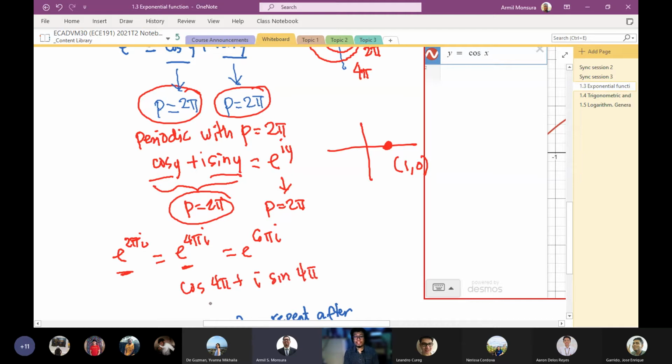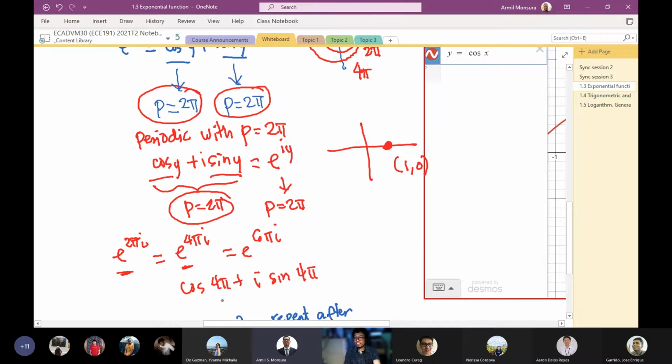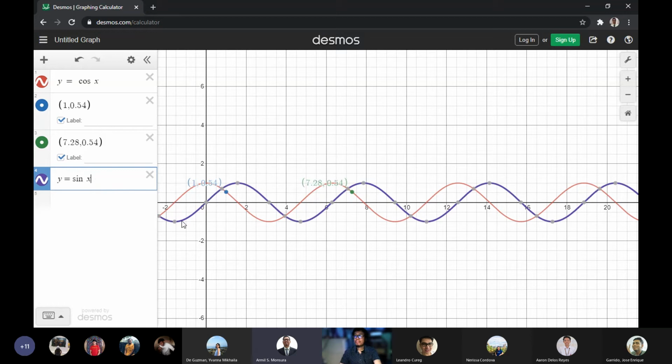Ano yung value ng cosine of 4 pi? Ayun, may graph na pala tayo. The value of cosine 4 pi is 1. So, 1 ito. Plus, yung value ng sine 4 pi, let us have a separate graph dito ng y equals sine x.